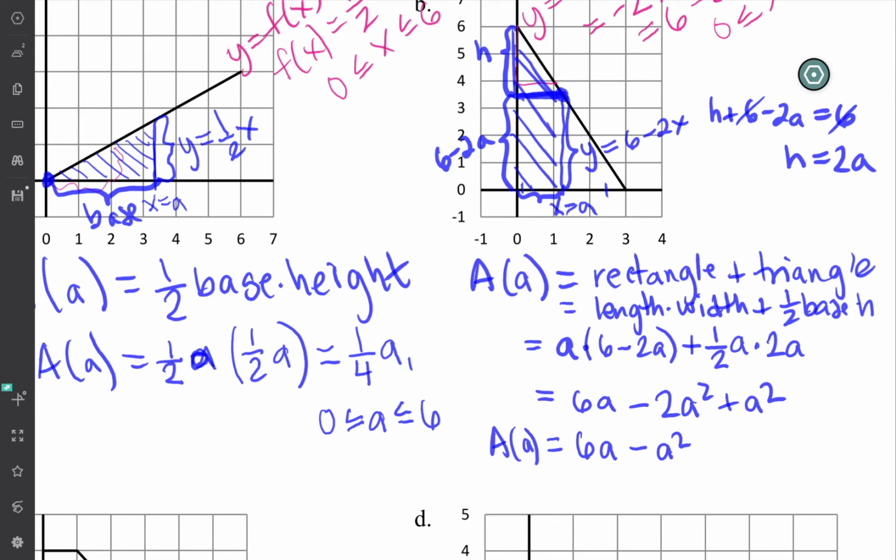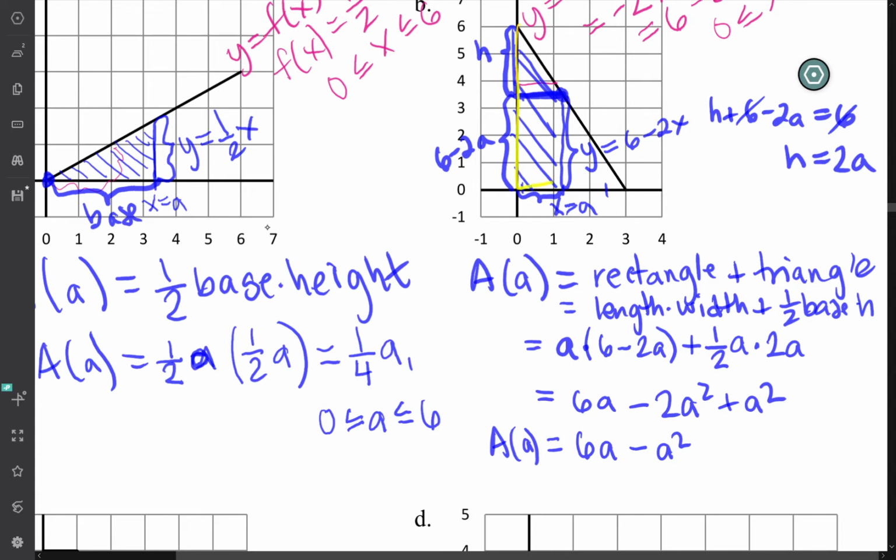Another way to look at this is we could say the entire area underneath here is, what is it? It's 6 by 3, half of 6 times 3, so 18 over 2. So the total area is 9. And then we could find, when we cut it off at a, what's the area of the triangle we miss?